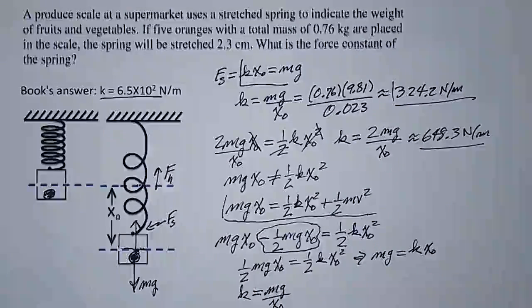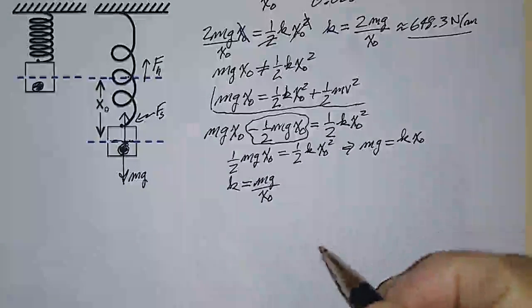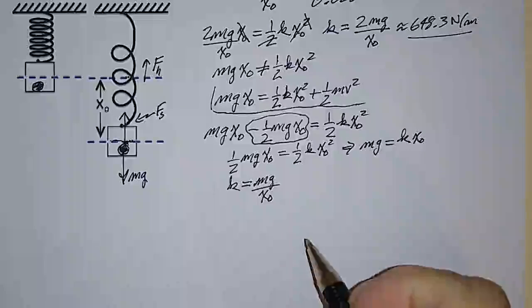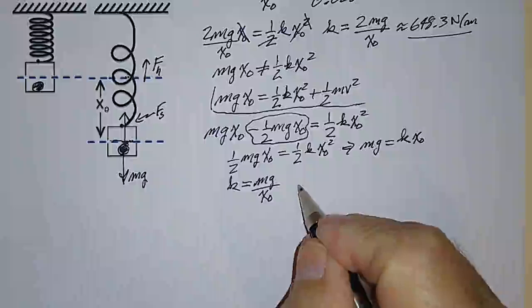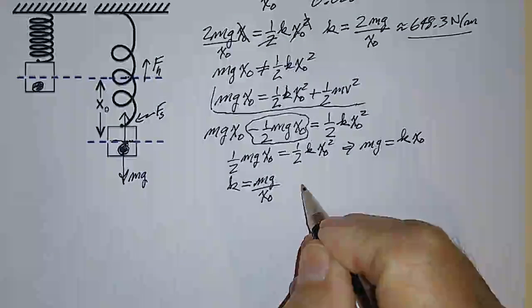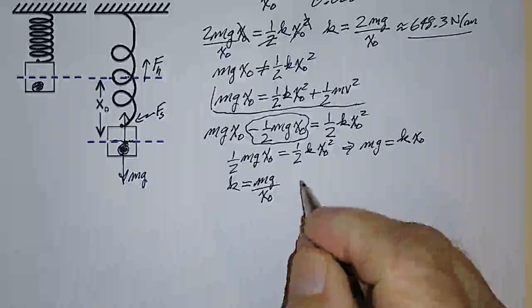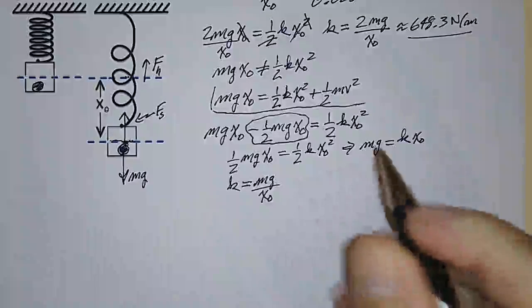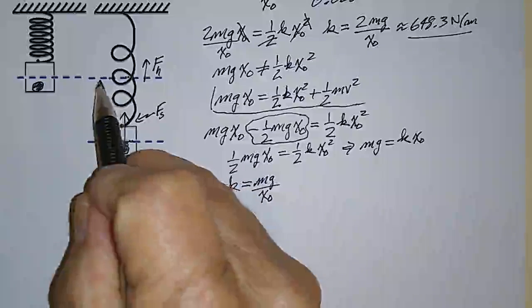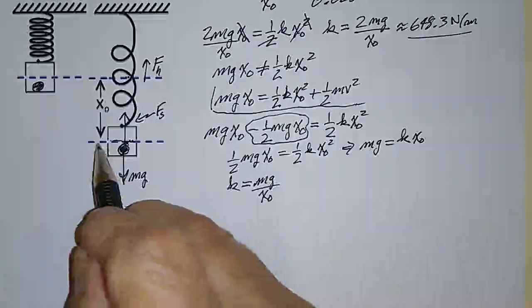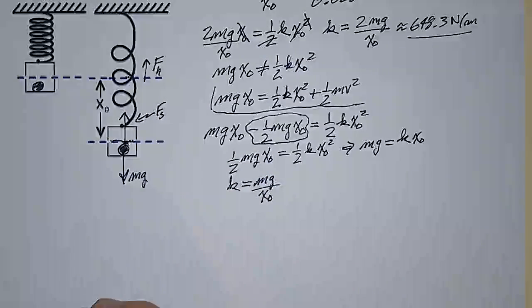All right, this is a continuation of the problem concerning the produce in the scale that I just got through working a few minutes ago, to show you how to determine what the spring constant is using energy considerations.